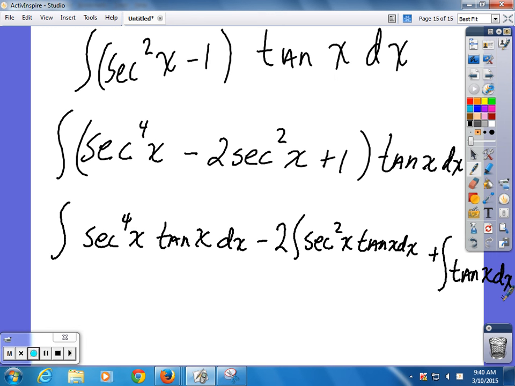That's secant to the fourth. You can break it up. Secant squared. Quantity squared.